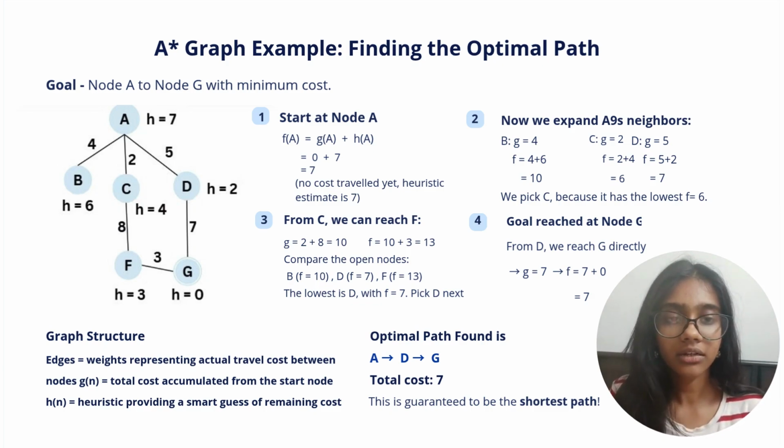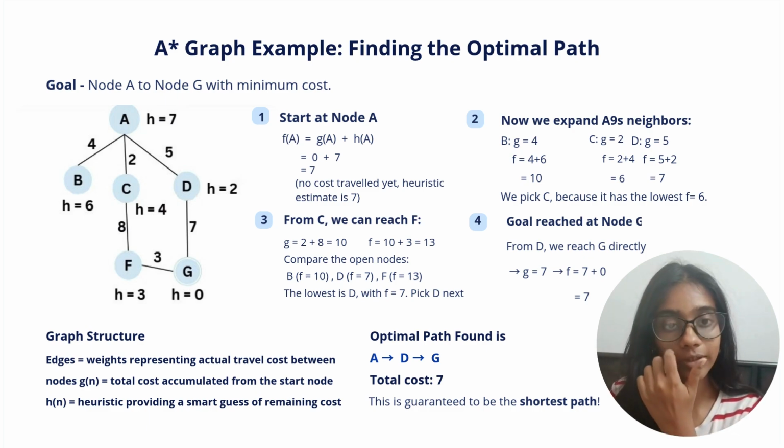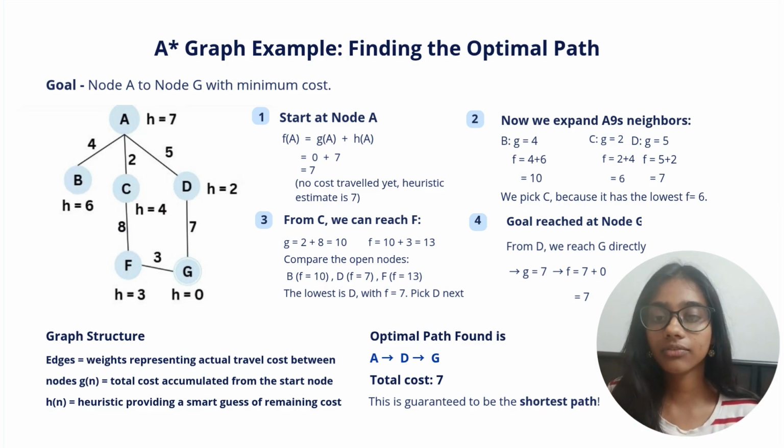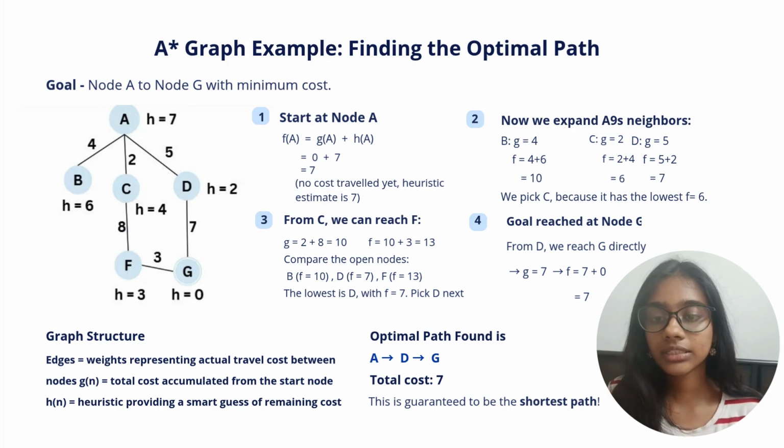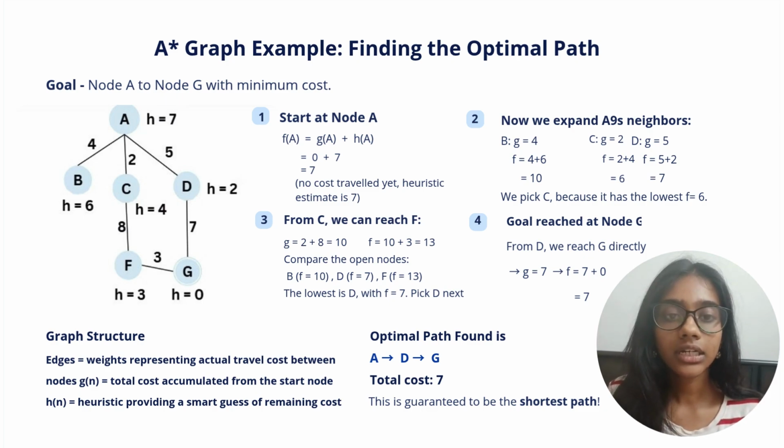First, step 1, let's start at A. We'll use the formula we've seen earlier, that is f of A is equal to g of A plus h of A. So here g of A is equal to 0, and h of A is equal to 7, and finally 0 plus 7 is equal to 7. Now we expand A's neighbors. B, C and D, those are A's neighbors.